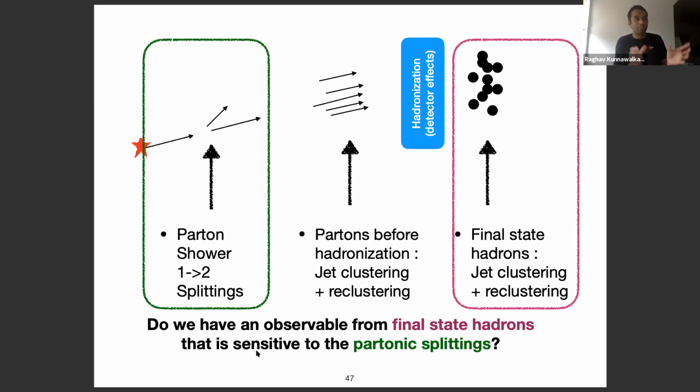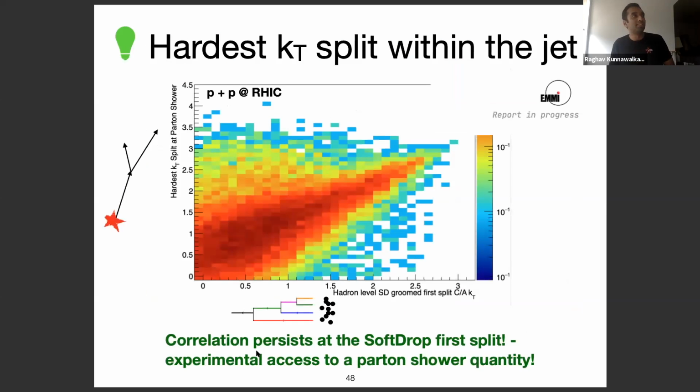That's where I think we have to come up with an observable that correlates the partonic splittings that you have from the shower to the hadronization stage that you can recover with whatever algorithm. So just a couple of minutes on what we did in the workshop last year, and the report is in progress: we looked at the parton shower hardest kT split on the y-axis, correlated to the split that we get from soft drop.